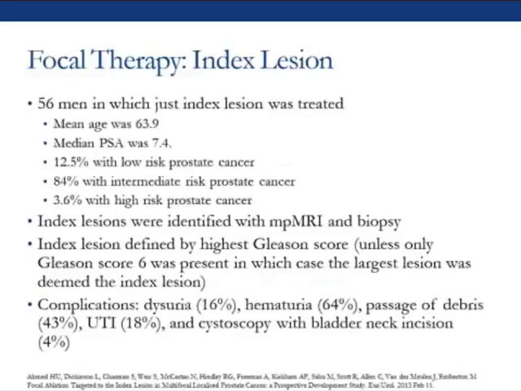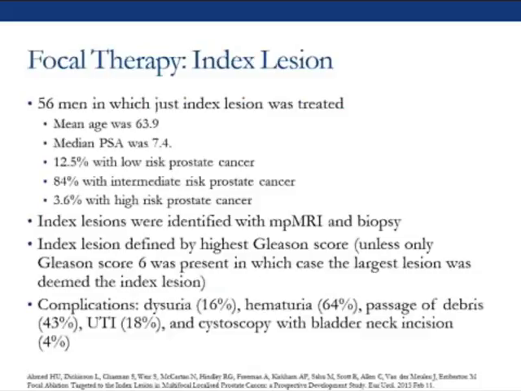What I found most interesting was a recent paper that Dr. Ahmed did from University College London, and that was where they actually treated just the index lesion. So they ignored clinically insignificant cancer, which was defined as Gleason score less than 6, or if it was a Gleason score 6, it was the smallest lesion. So they basically treated the highest grade lesion or the largest tumor.